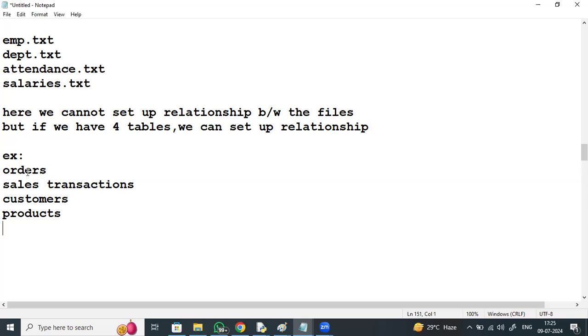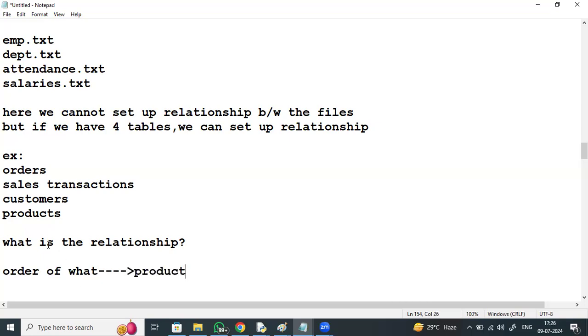I've taken four tables in this way. So what is the relationship between the tables? Generally, you are performing orders. Order of what? Product. And this product is booked for whom?